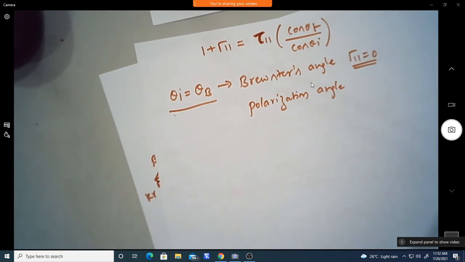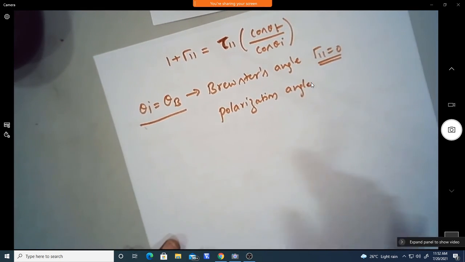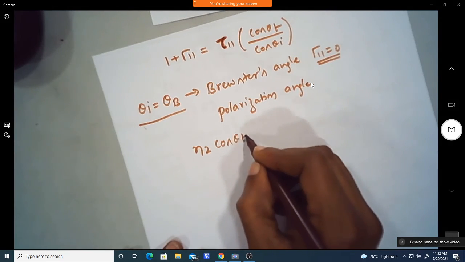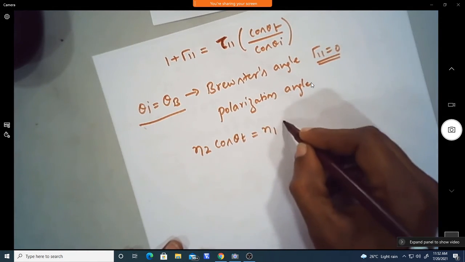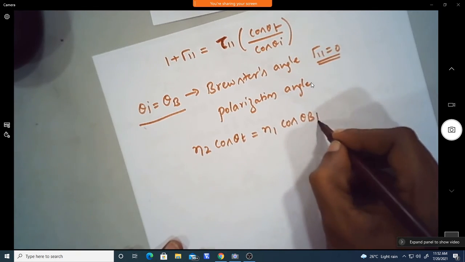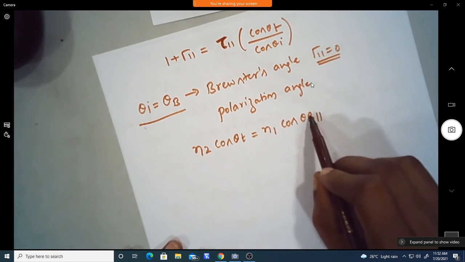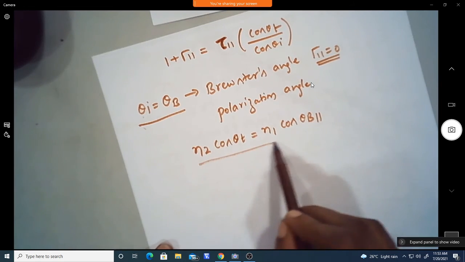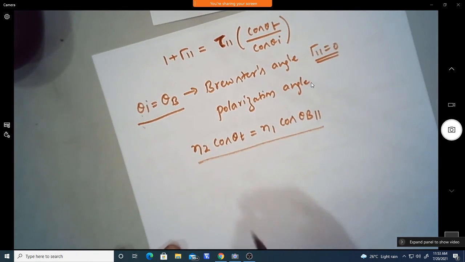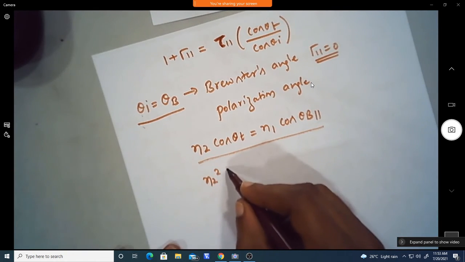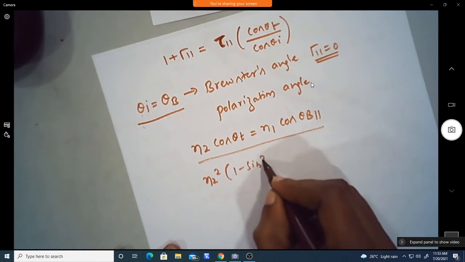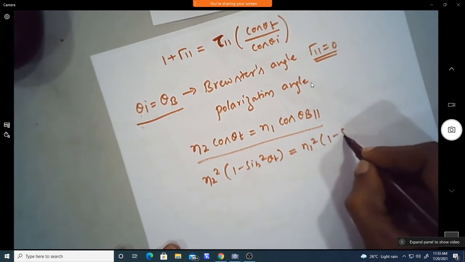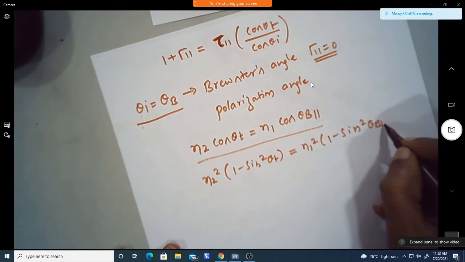If you take the refractive indices, n2 cos theta t equals n1 cos theta B parallel, because wherever the incident angle is replaced with the Brewster angle, we get this condition, or n2 square into 1 minus sin square theta t equals n1 square into 1 minus sin square theta B parallel.